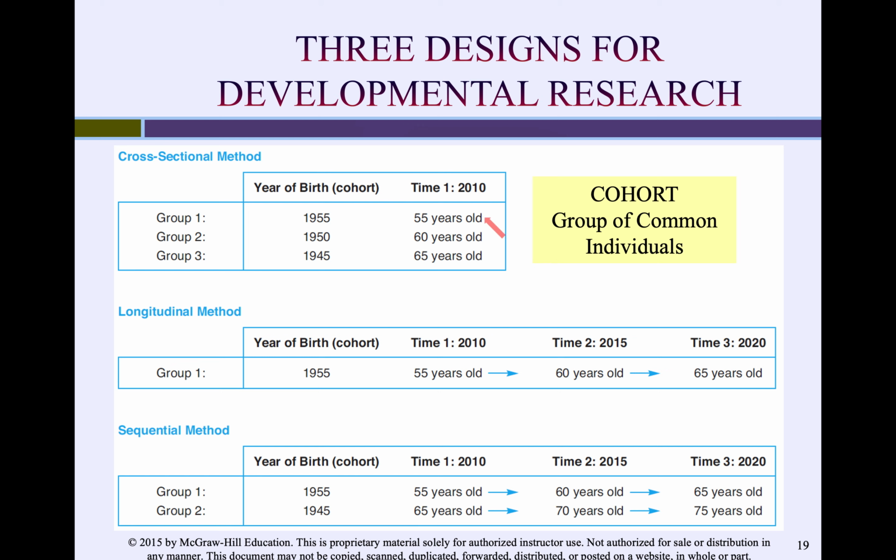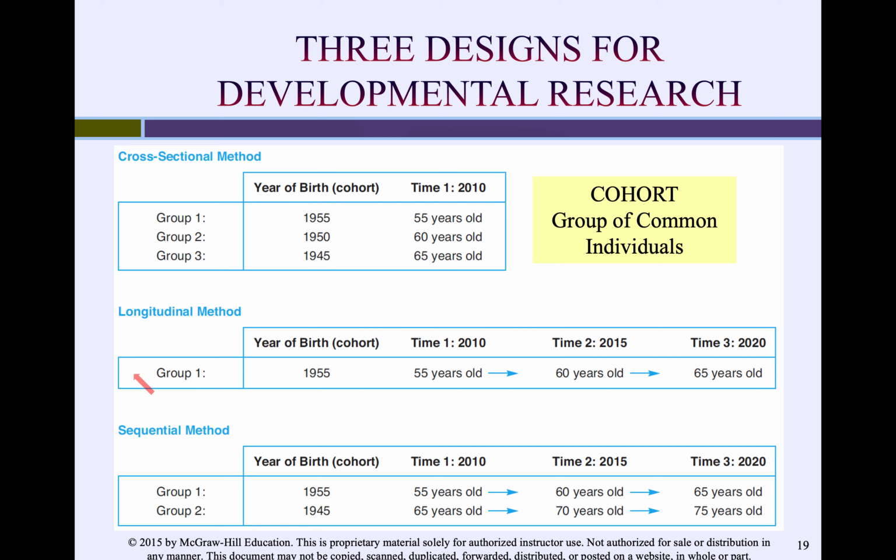So let's say you wanted to measure the differences in 55, 60, and 65-year-olds in cognition because you're trying to understand the cognitive changes that are happening over time developmentally. Then you would look at these cross-sectional methods where at one time point you can get three different cohorts of people and assess them on the same measure.